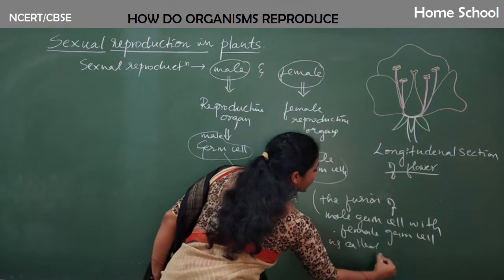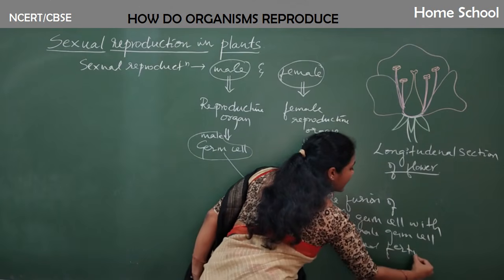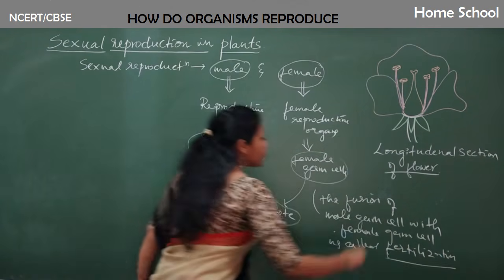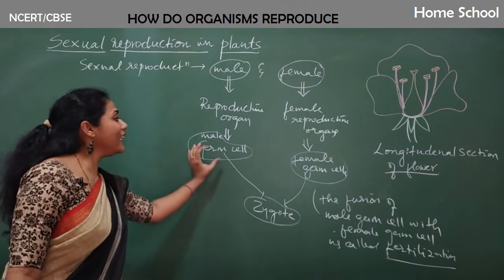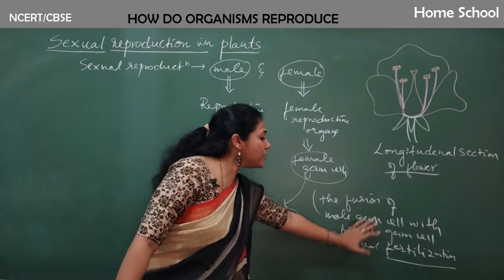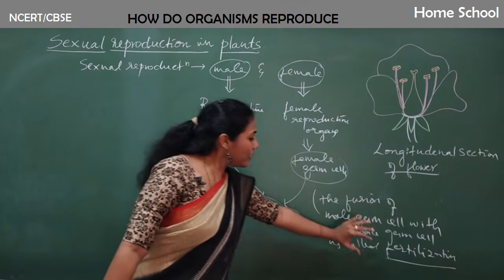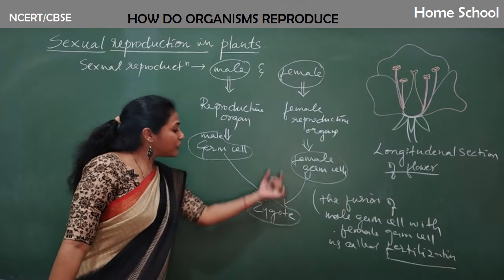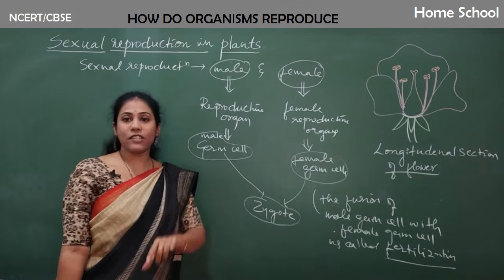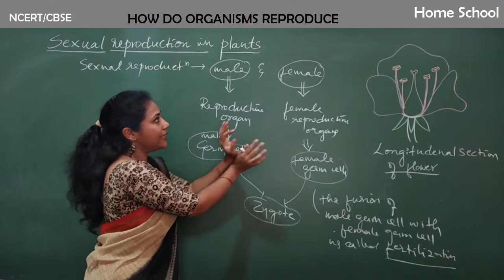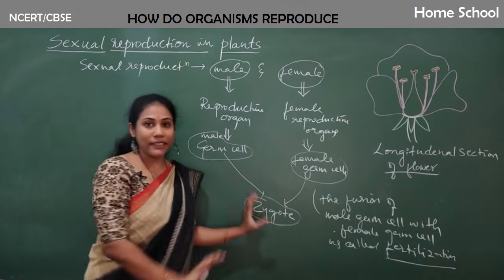Very important word that you have to remember here is fertilization. Okay, so fusion of male germ cell with the female germ cell is called fertilization. So after fertilization, you actually get a single cell structure where you have half the amount of father DNA and half the amount of mother DNA.